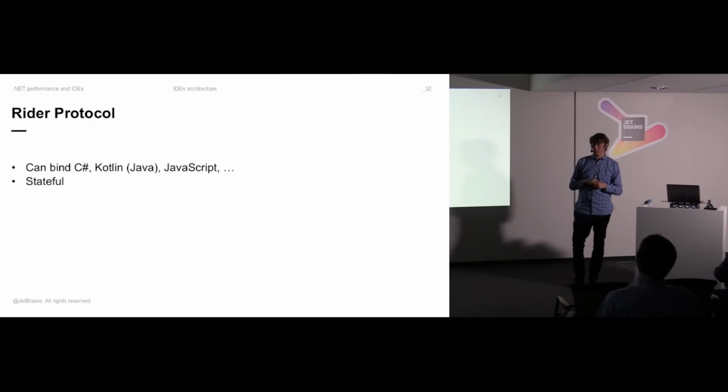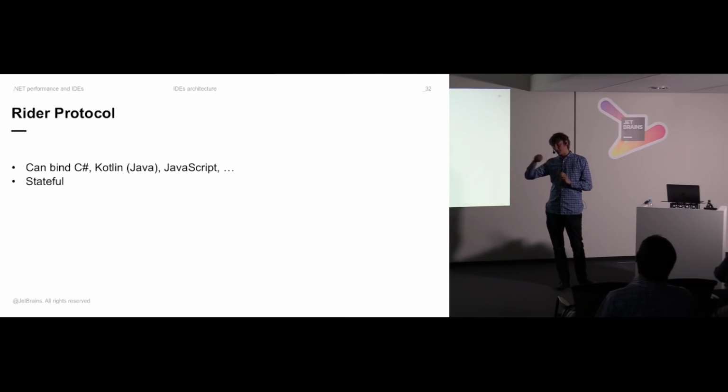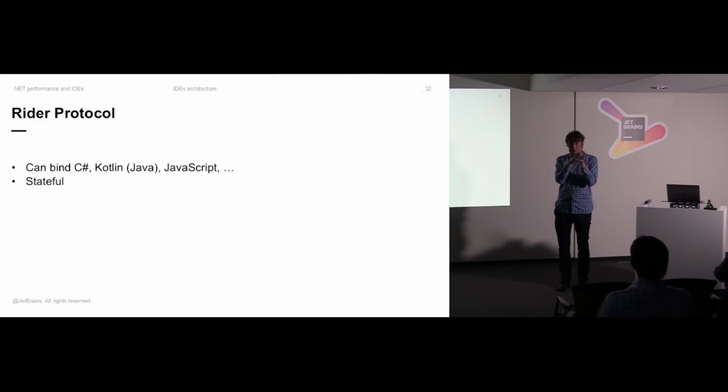So we will say, for example, not 'hey backend, we have something for you', but 'here is the protocol model that will be synchronized across these two parties.' For example, this is the caret model, the model of the caret that is in your editor. So instead of sending these signals, we just modify the caret model on the front end.